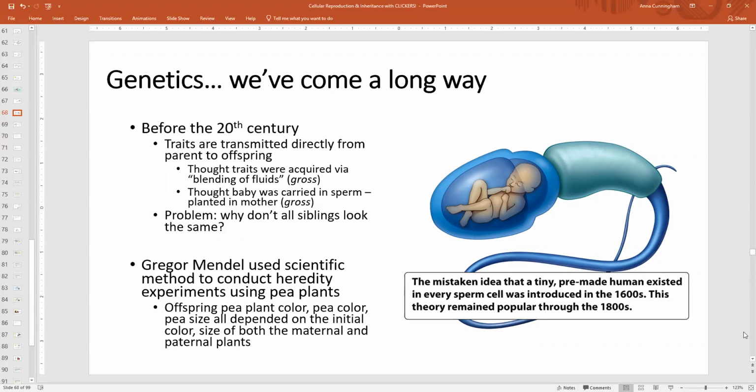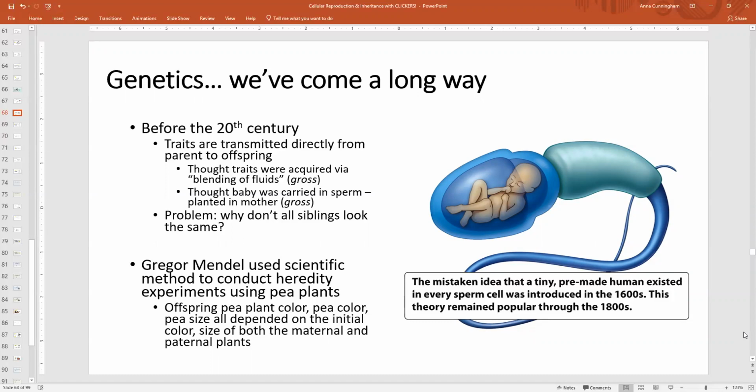I cannot even say it out loud. But basically what I thought happened is that fluids from the mother and fluids from the father were just blended, and somehow those fluids would combine into a baby.